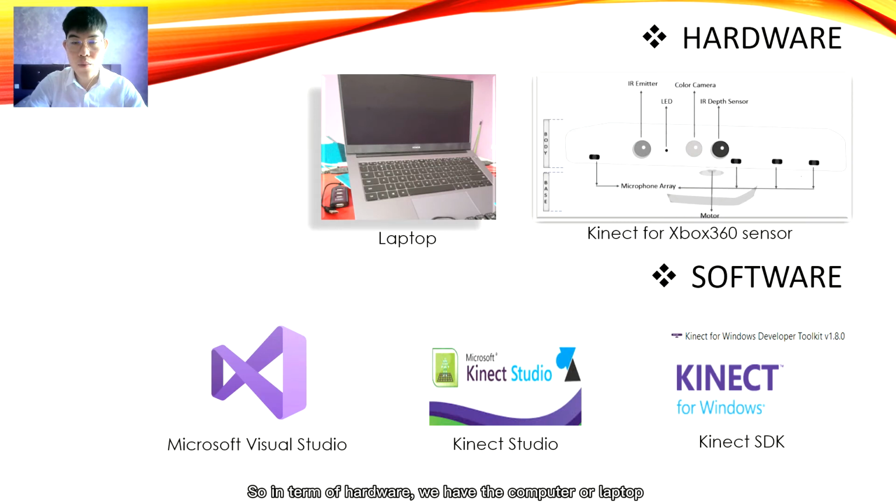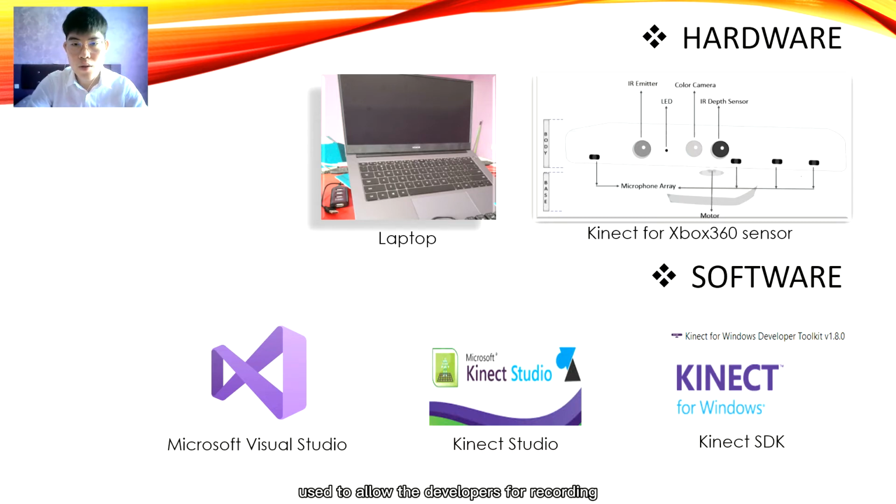So in terms of hardware, we have the computer or laptop that is used as a platform for the software development and interaction between the human and the sensor. The Kinect sensor is used to detect the human motion and create a physical image on the interface. In terms of software, Microsoft Visual Studio has an integrated development environment for software application development.